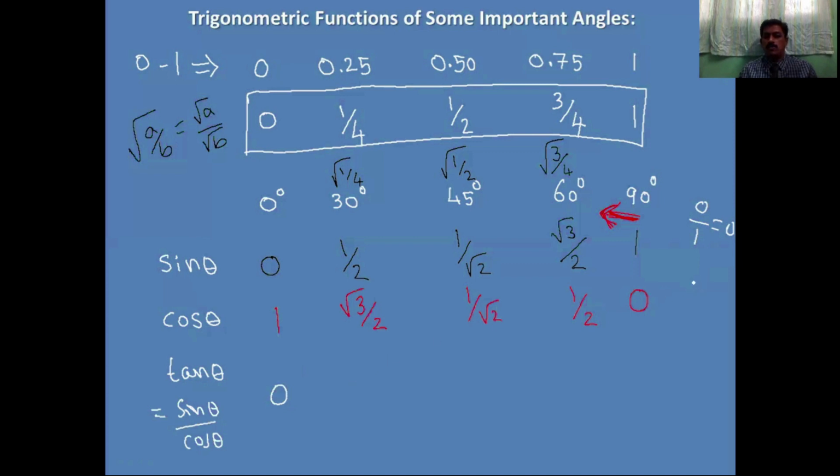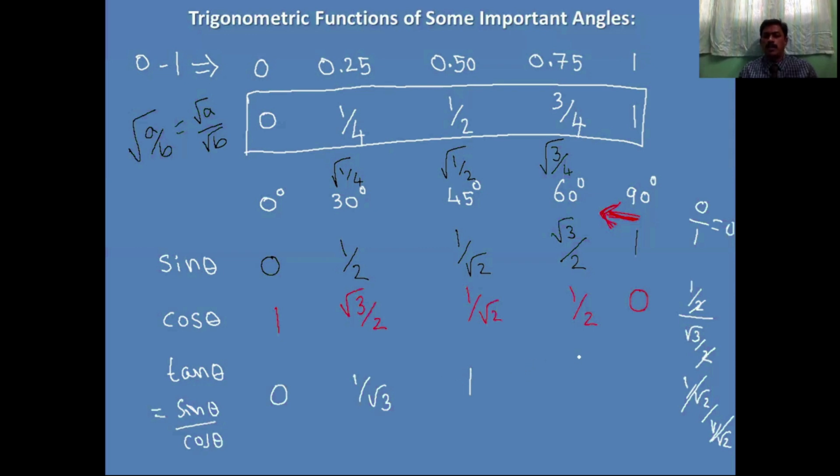Here we will have sine, that is 1 by 2, whole thing divided by root 3 by 2. The 2s cancel, and we will have 1 by root 3. In the same way, 1 by root 2 divided by 1 by root 2, both are the same terms, we can cancel and write 1.